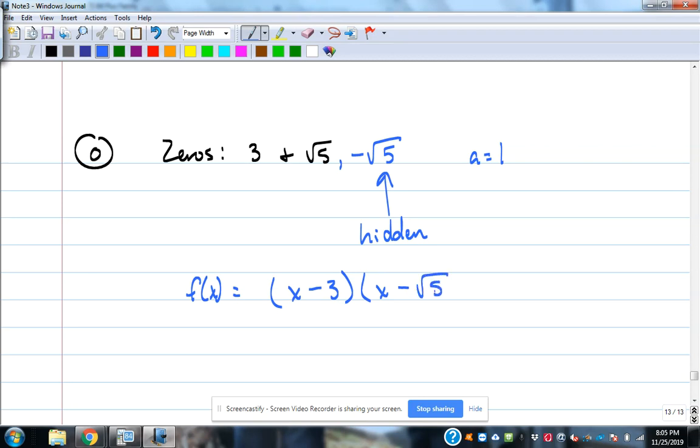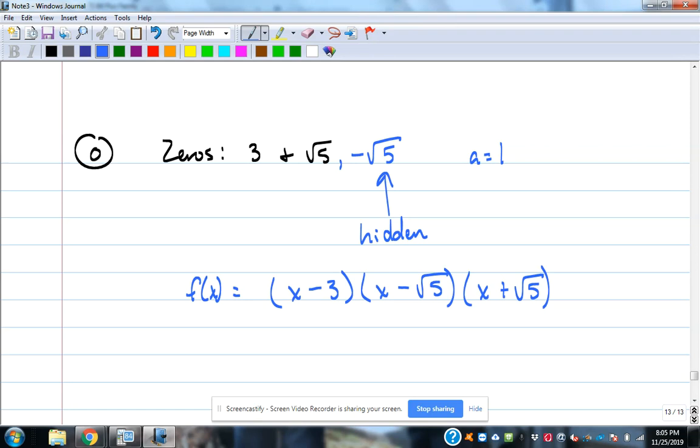X minus the square root of 5. Same idea. You just got the square root on it. And then the negative square root of 5 would be x plus square root of 5. So built the factors the same way. I had the hidden one they didn't tell me about though.